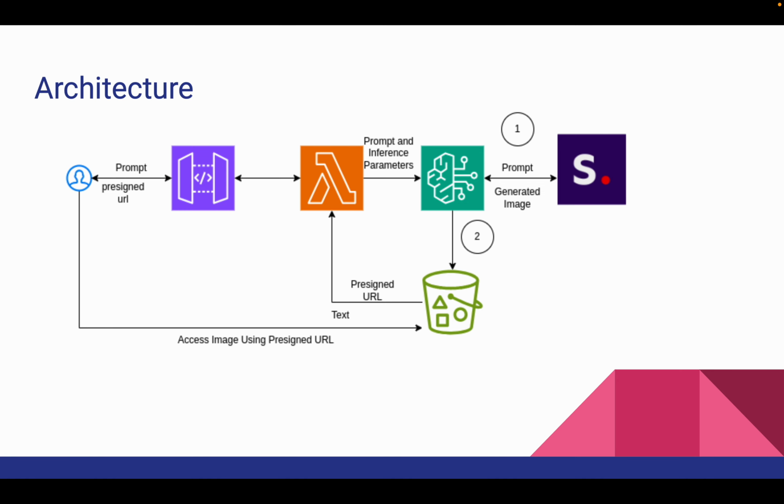So the objective, I have already explained, is that we will generate an image from an input prompt. This is the high level architecture that we are going to implement.